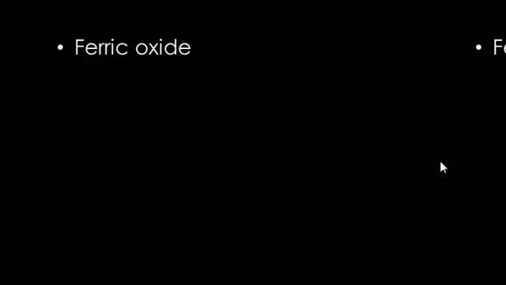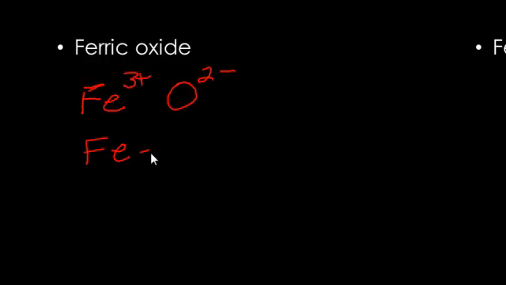So, for example, there is ferric oxide and there is ferrous oxide. Ferric oxide uses the version of iron that has a charge of +3, and oxygen, of course, has a charge of -2. So the formula for this is Fe2O3.